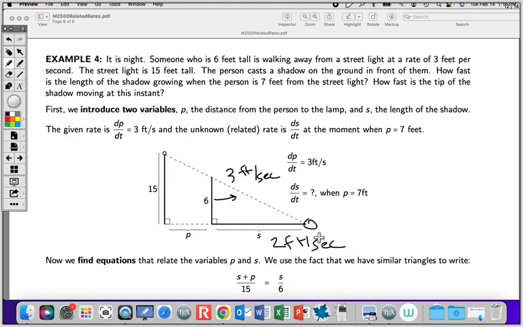So if I want to know how fast the tip is moving, well, the shadow is getting longer at a rate of 2 feet per second. The person creating the shadow is moving in the same direction at 3 feet per second. So how fast is the tip of the shadow moving at this instant? We're just going to add those rates to give us 5 feet per second. So that'll do it for example 4.